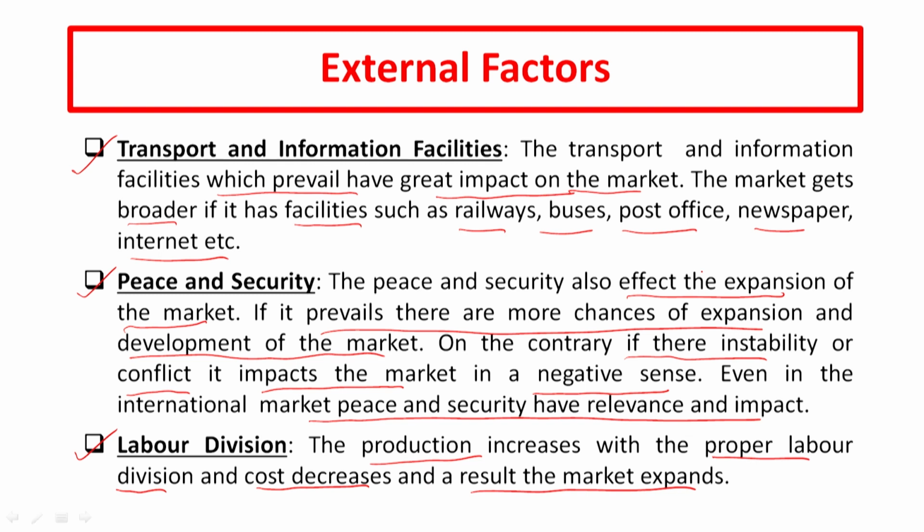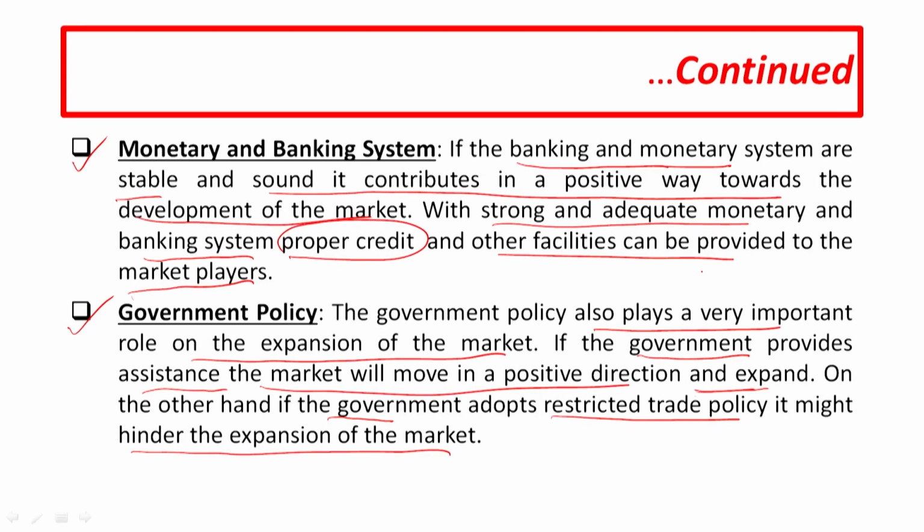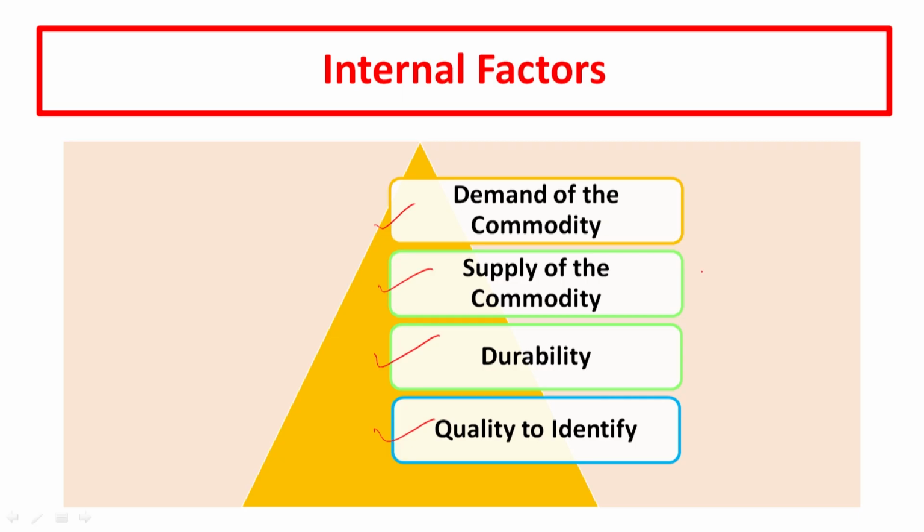For example, transport facilities, peace and security, labor division, the monetary or banking system, or government policy are not in the control of the respective firm. That is why they are termed external factors. And then we have talked about the internal factors: the demand of the commodity, supply of the commodity, durability and quality to identify.